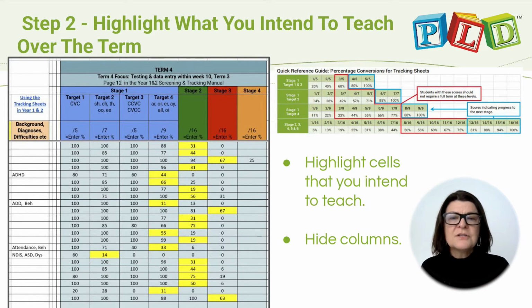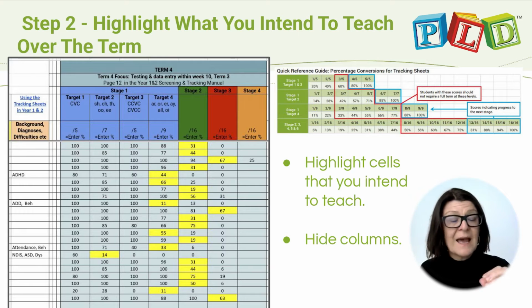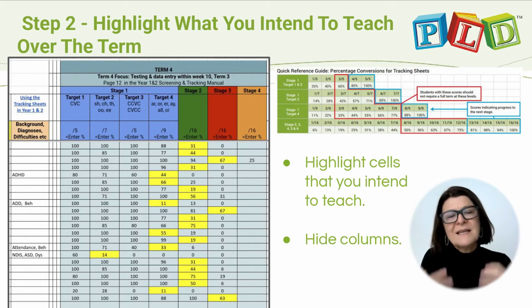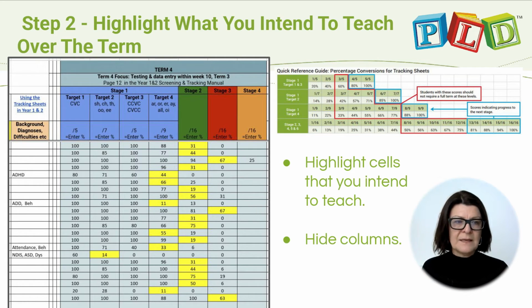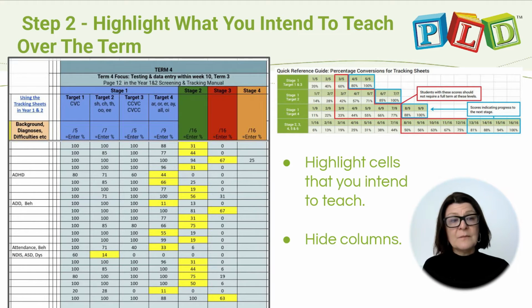Please do not just highlight the first time students start to dip under 80 or 85%. Keep looking across and across because teacher judgment has to come in.